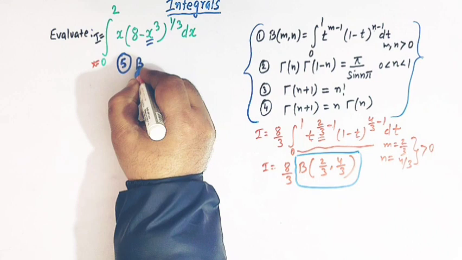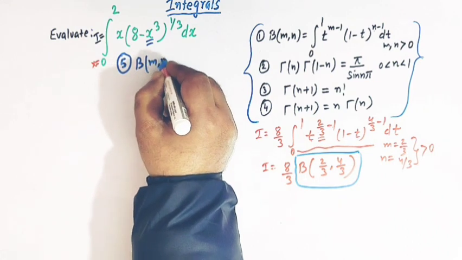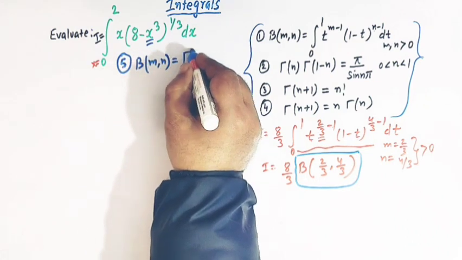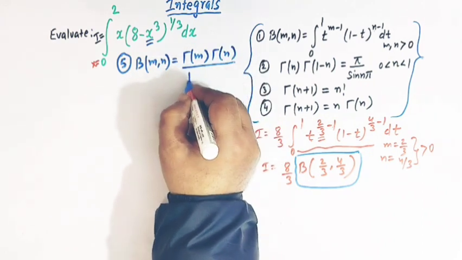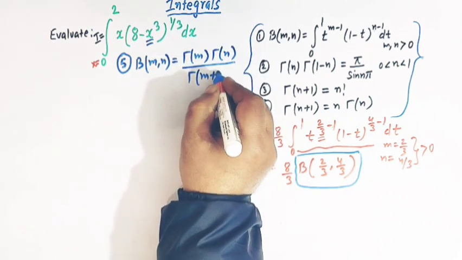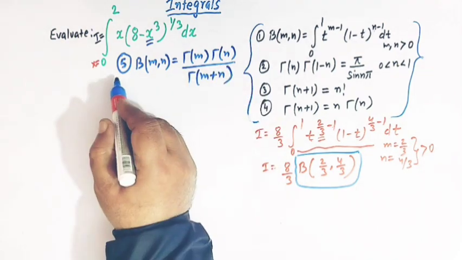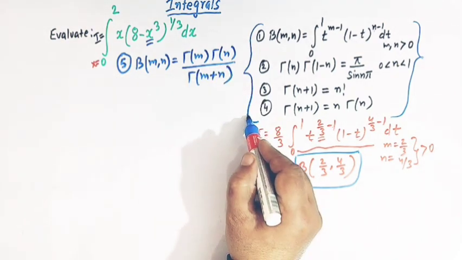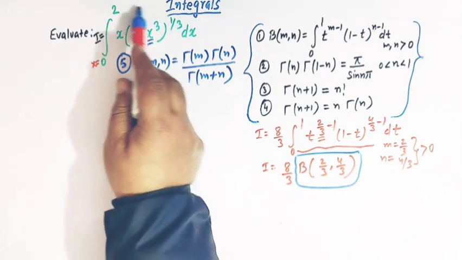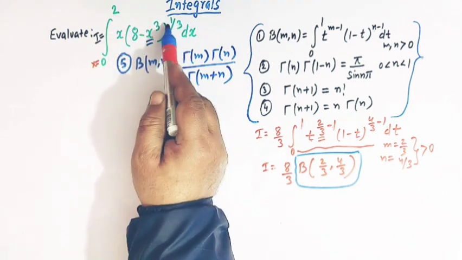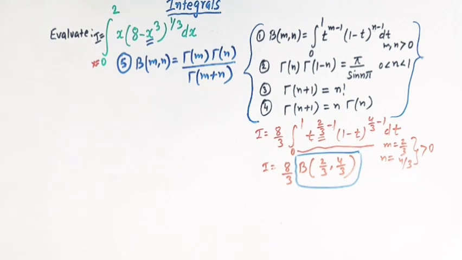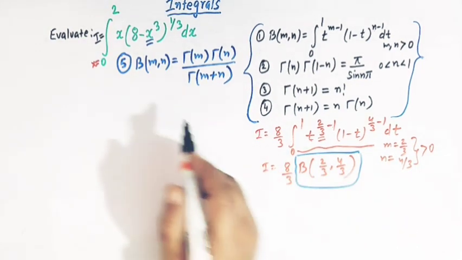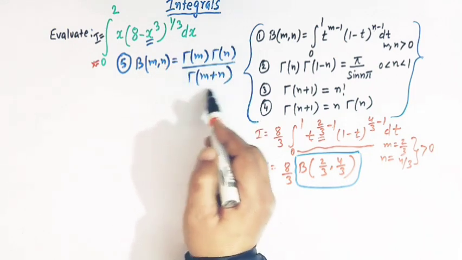So here we have beta of m comma n is equal to gamma m gamma n divided by gamma of m plus n, right? So this is the fifth result, which is useful in integrating this function from 0 to 2.